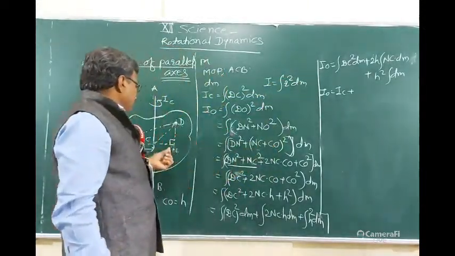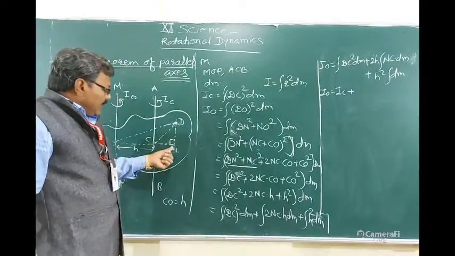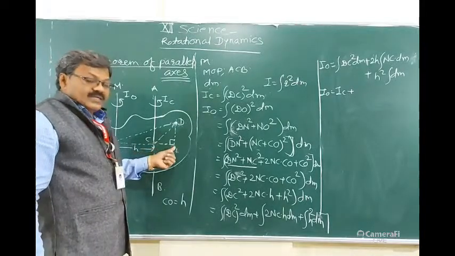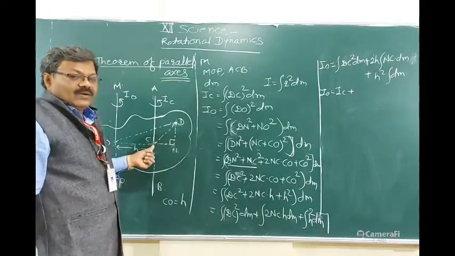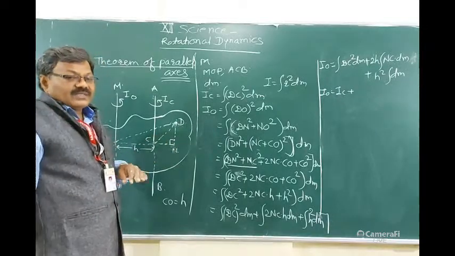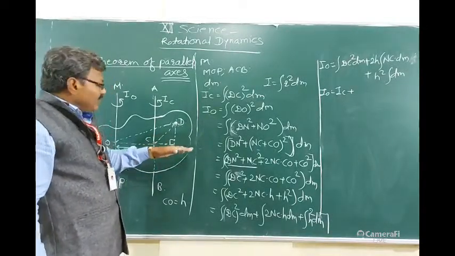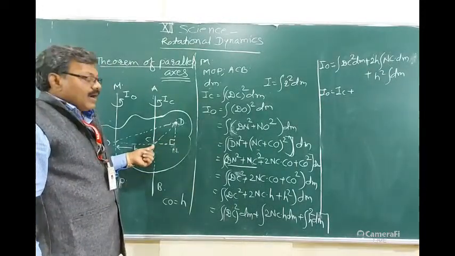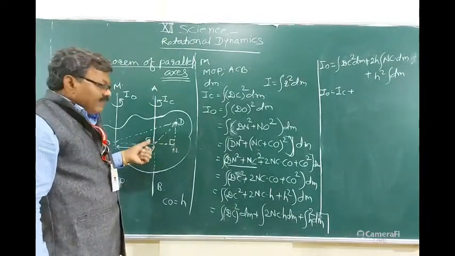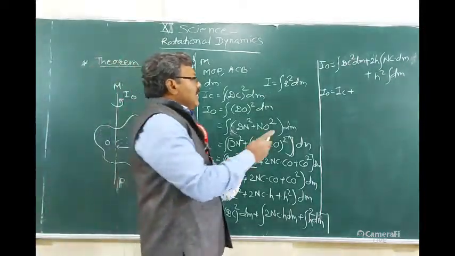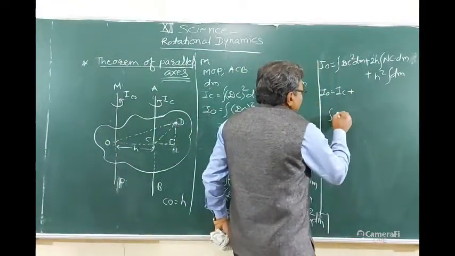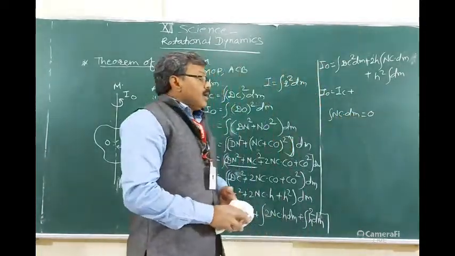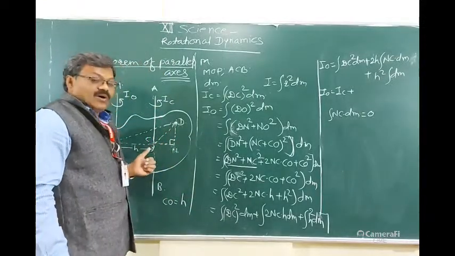Actually this NC is the distance of the point from the center of mass, and the mass distribution of the object is symmetric about the center of mass by definition. By definition of the center of mass, this integration of NC dot dm is equal to 0.